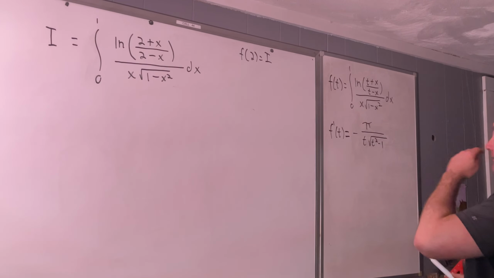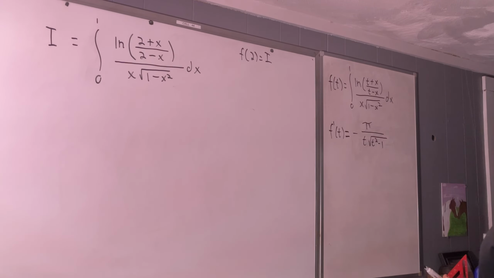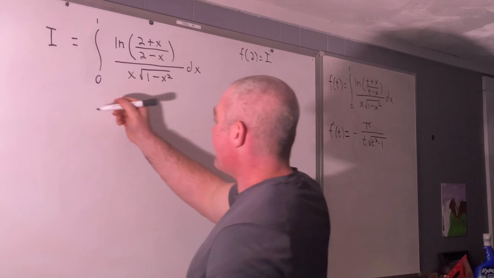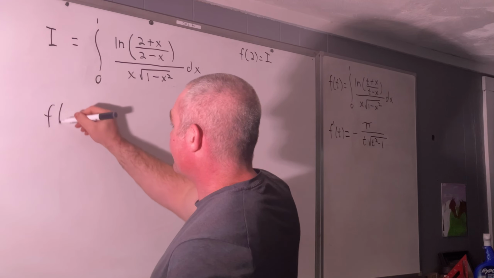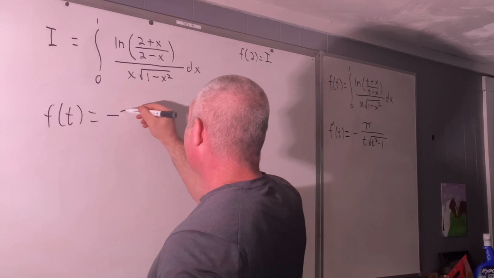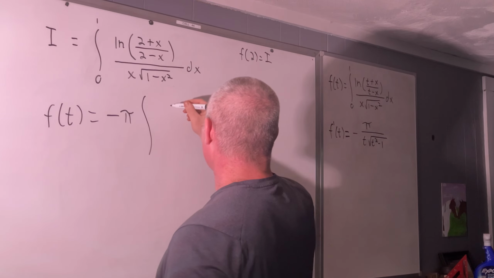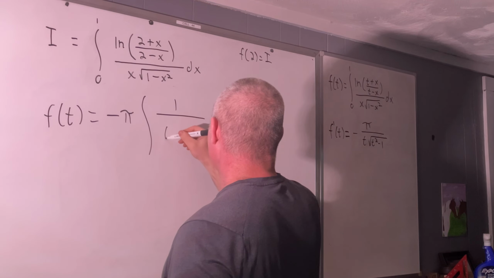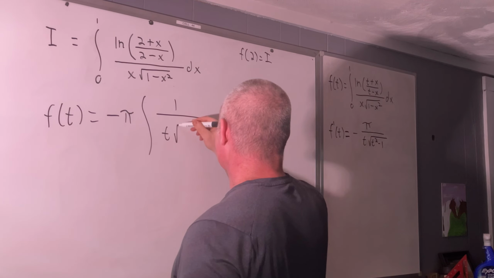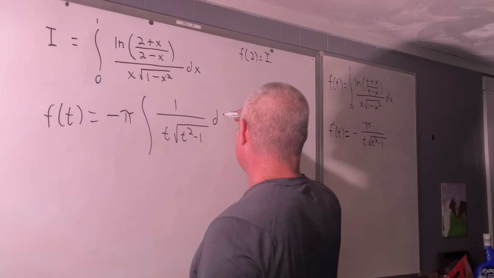We want f of t so we can plug in 2 and get back our original integral. All right. So that means that f of t is equal to negative pi times the integral of 1 over t times the square root of t squared minus 1 dt.